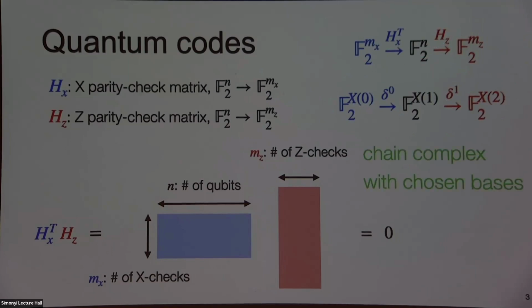As far as they're concerned, it's simply a chain complex with a chosen basis, meaning that for these vector spaces, there's a basis that you choose. Quantum codes later on will be defined through these two parity-check matrices.